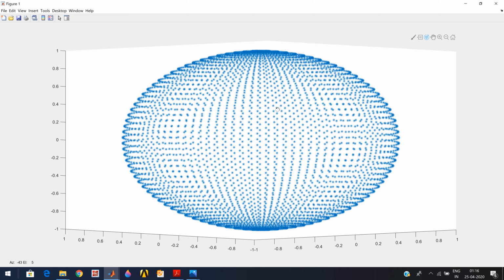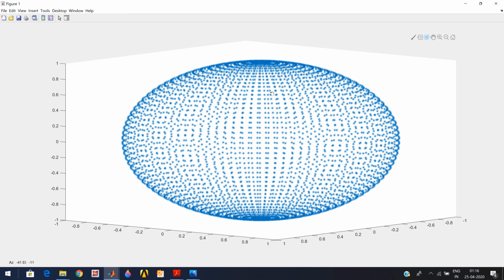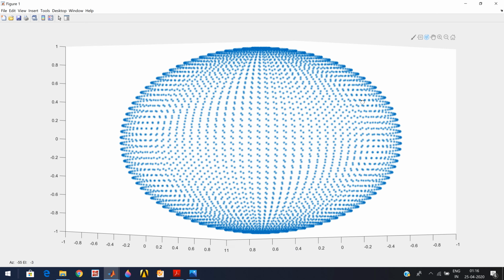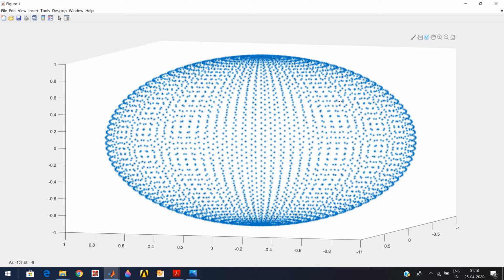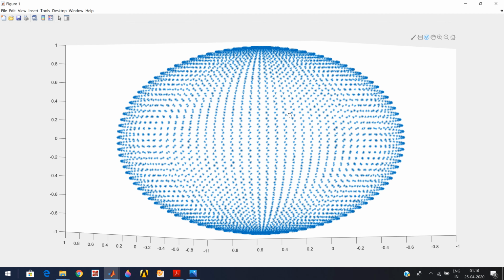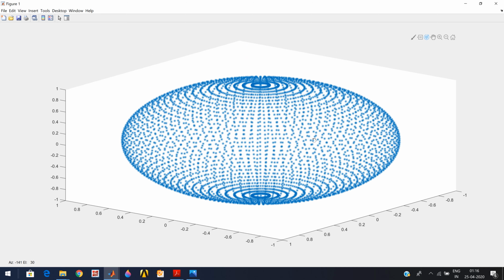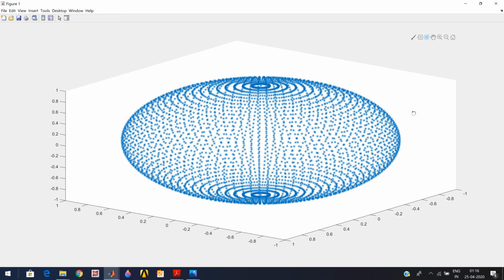Okay, so these points represent a normal vector because the length from the origin is 1, so it's a unit vector, and they can represent a normal vector along any direction.